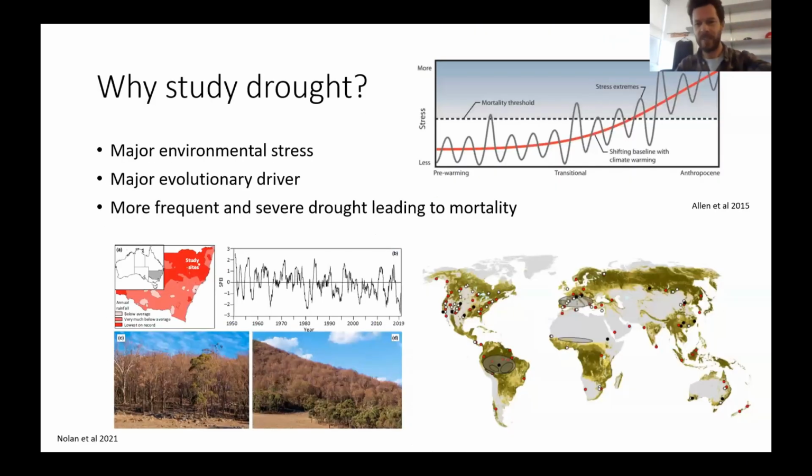So these slides generally feature in drought related talks, and of course I won't spend too long on it, but drought obviously is a major environmental stress, and indeed it's a major evolutionary driver that has shaped species distributions and what species look like.